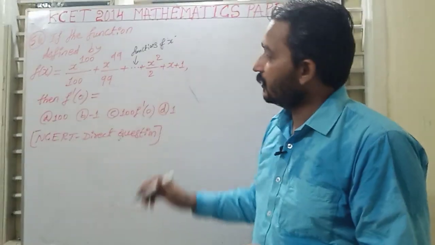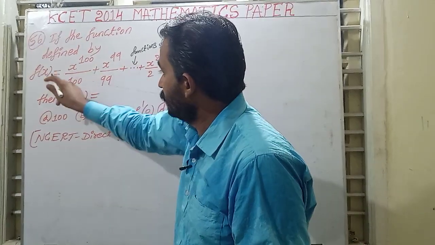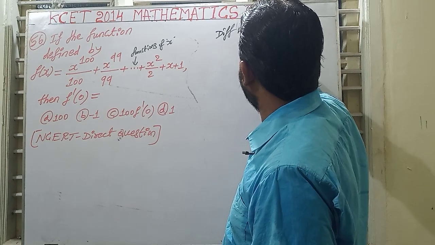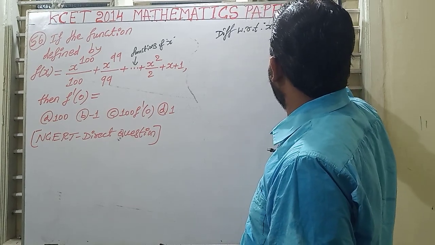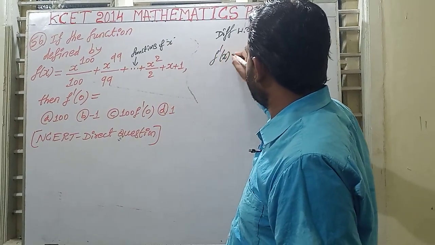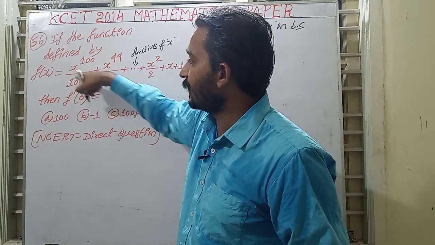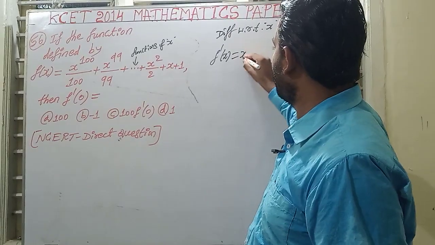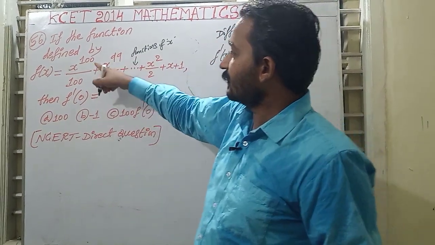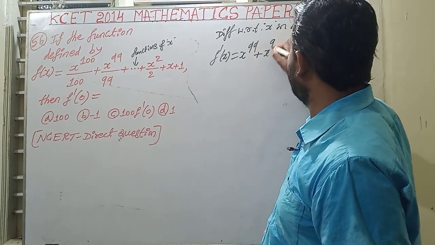Begin by differentiating with respect to x on both sides. Left hand side is f dash of x. Right hand side: 100 into x to the power of 99 divided by 100, the 100 gets cancelled, giving x to the power of 99. Plus 99 x to the power of 98 divided by 99, the 99 gets cancelled, remaining x to the power of 98.